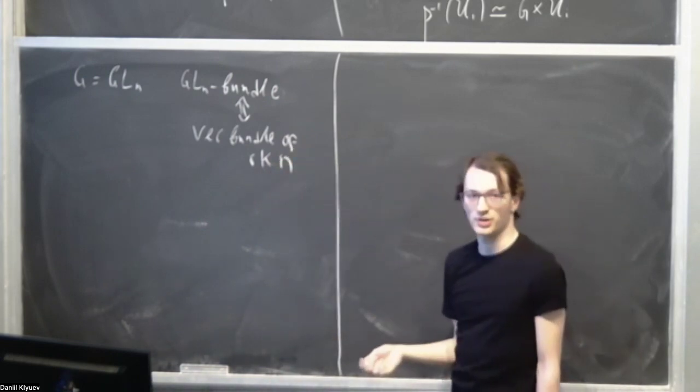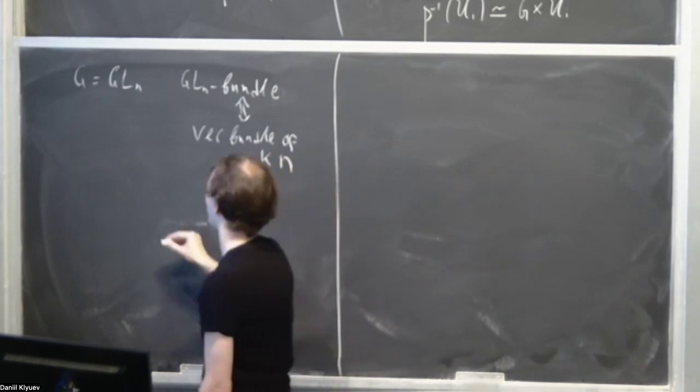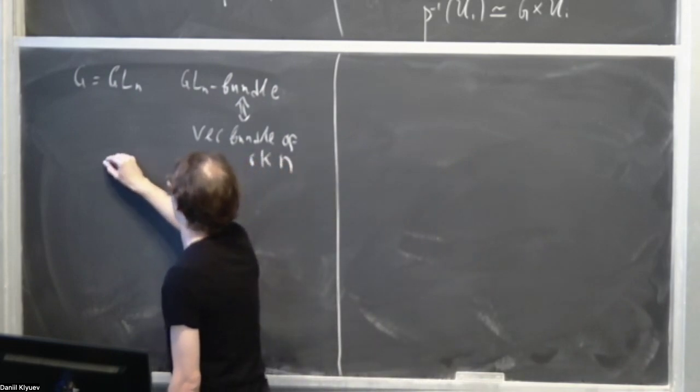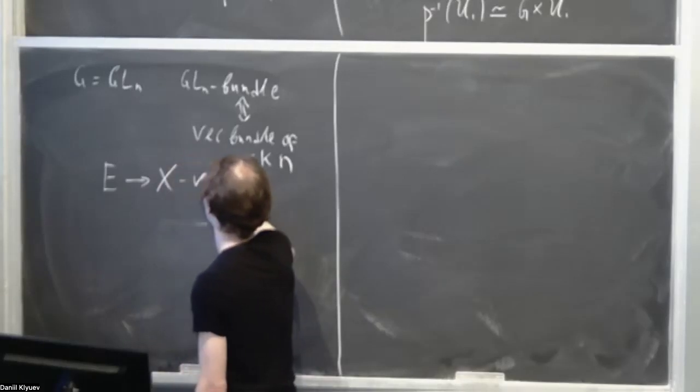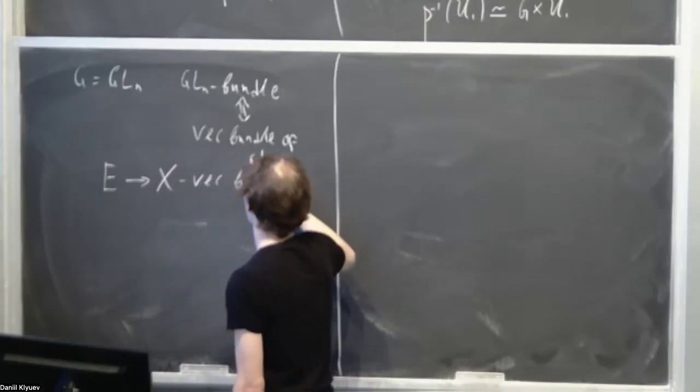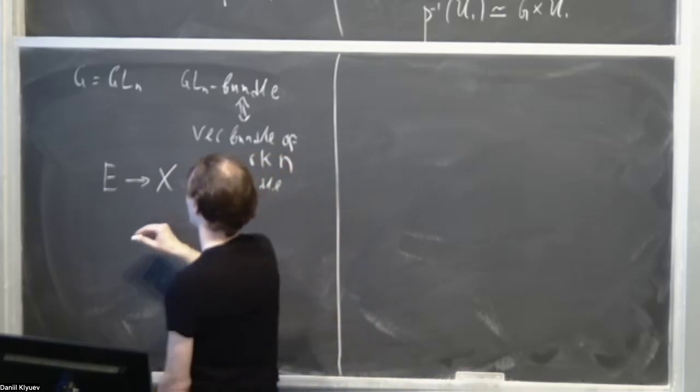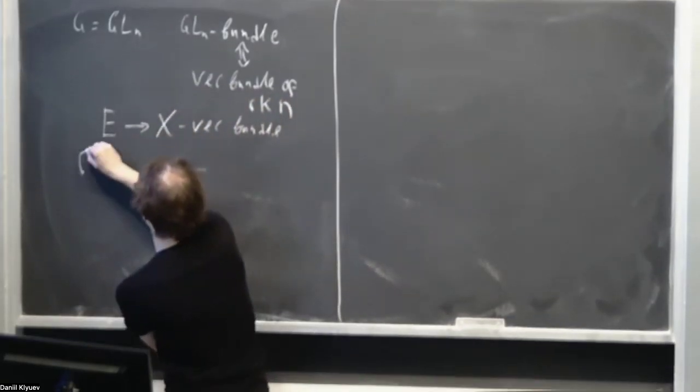The way to see it is, if you have a vector bundle E over X, then there is an associated frame bundle.